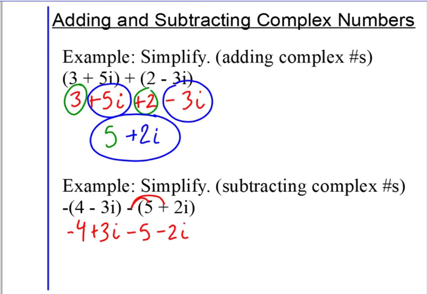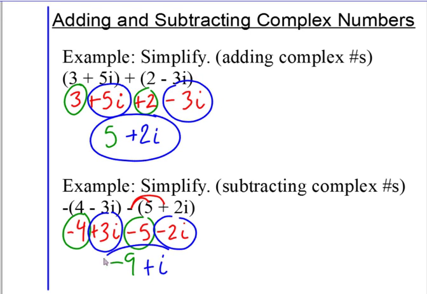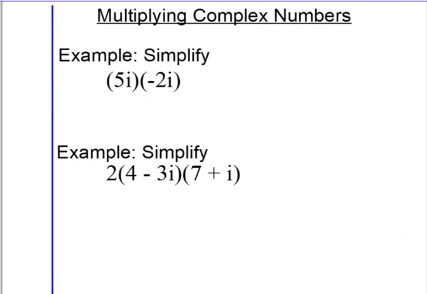So sign changes do happen when you are subtracting. We have like terms of negative 4 and negative 5 giving me negative 9. And we also have like terms of positive 3i and negative 2i, leaving me with a positive 1i. You can put a 1 in front of the i or not. So my answer is negative 9 plus i, or 1i.